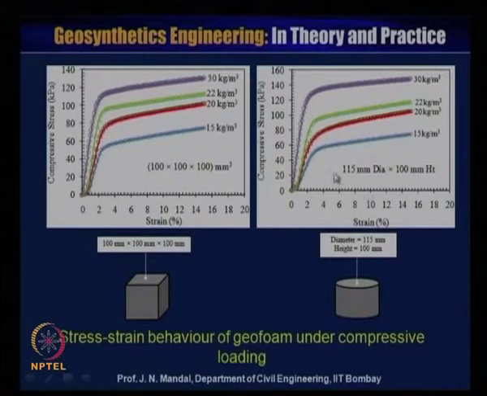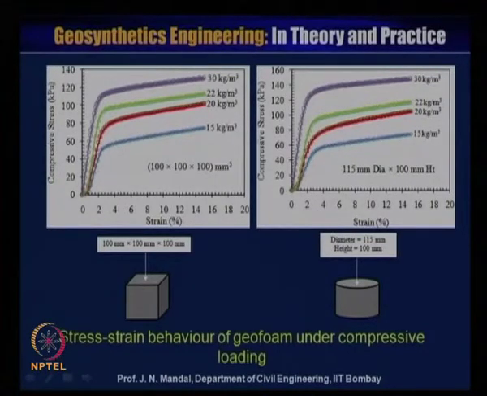Under different densities, 15, 20, 22 and 30 kg per meter cube, even when using the cylindrical specimen, the nature of the curve is almost the same, and increasing density means increasing compressive stress value.